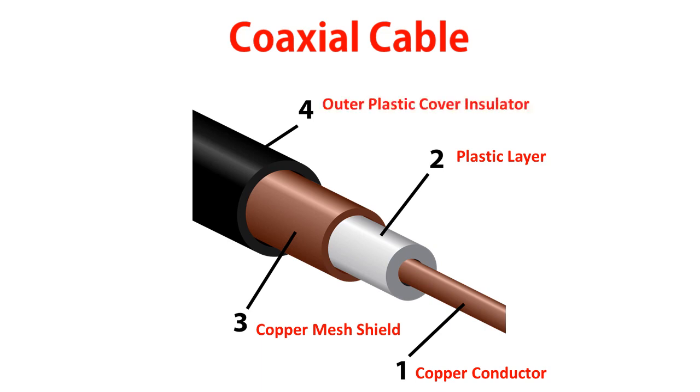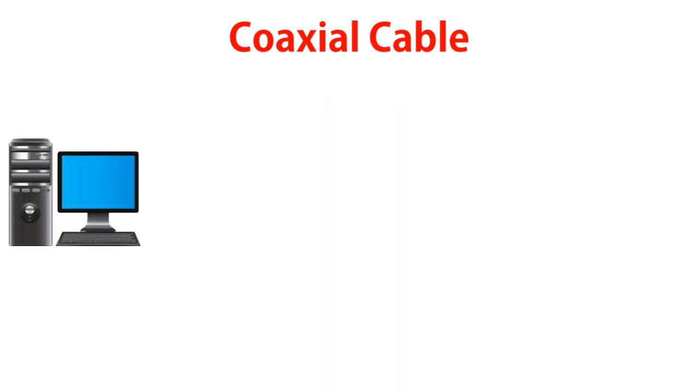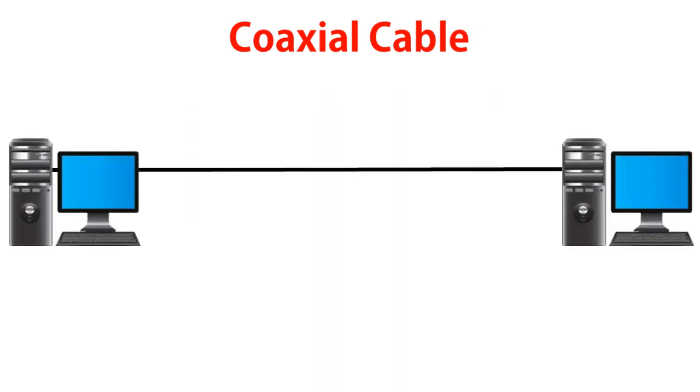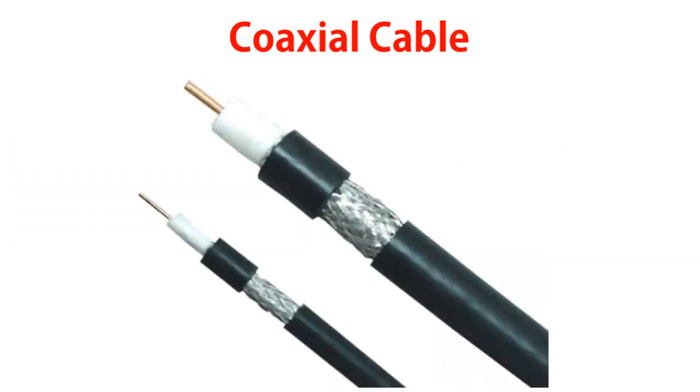The mechanism of coaxial cabling helps to eliminate signal obstruction, but it is a complex process to install. It can cover long cable distances between network devices. There are 2 types of coaxial cables: thick coaxial cable and thin coaxial cable.